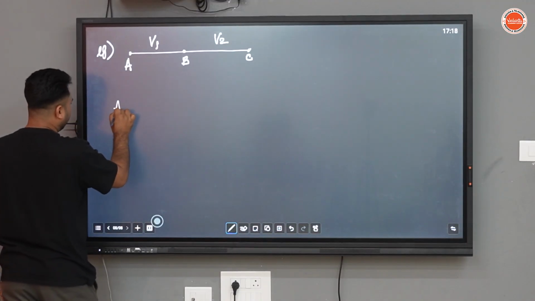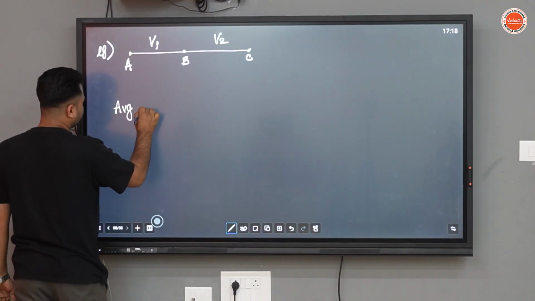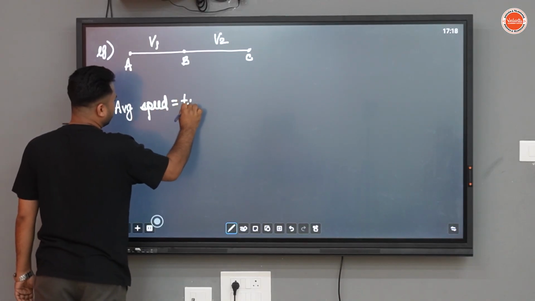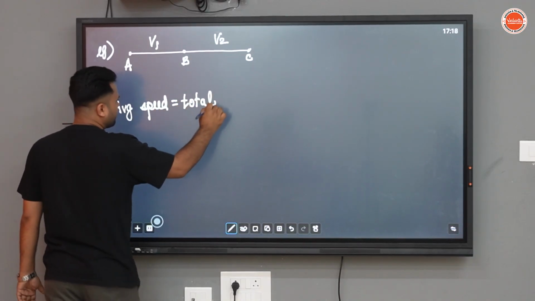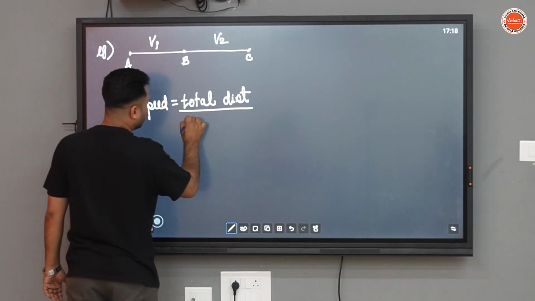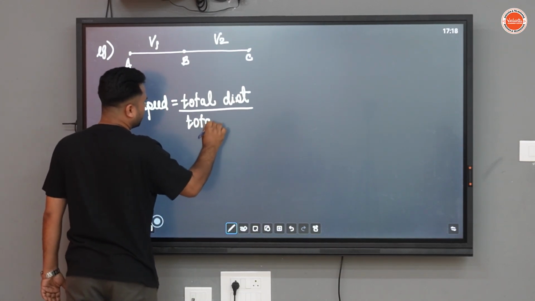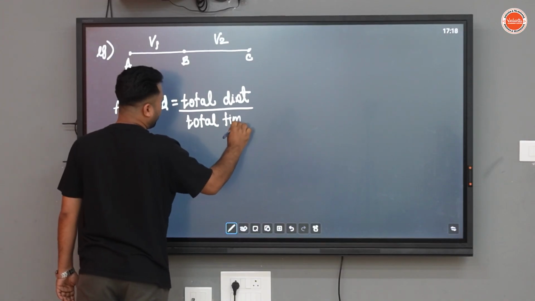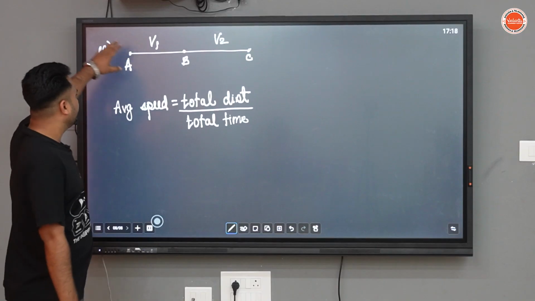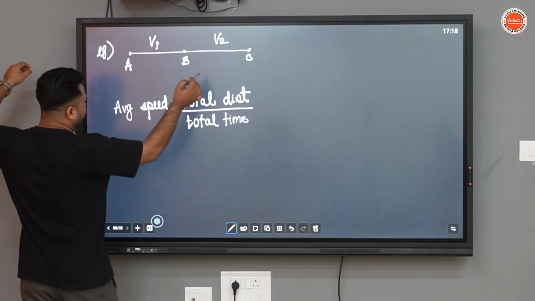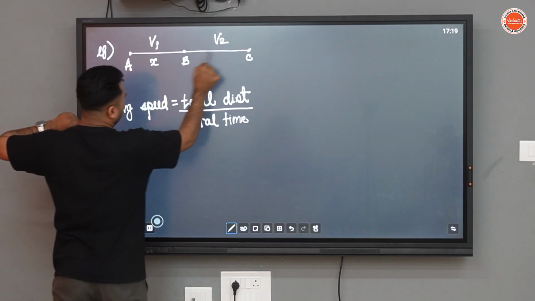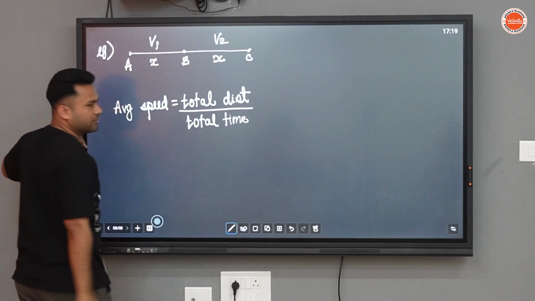So if they are asking average speed, average speed is total distance by total time. First you write this formula. Now, total distance. Because they have not given anything in the question, suppose A to B I write x, so B to C is also x, the same distance.